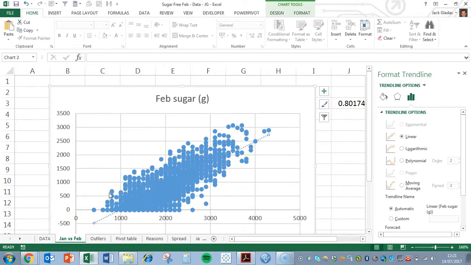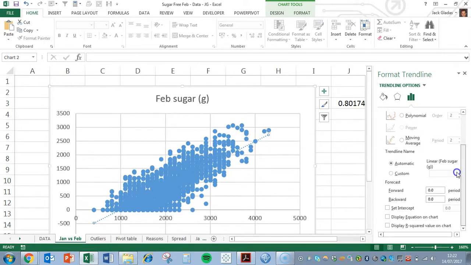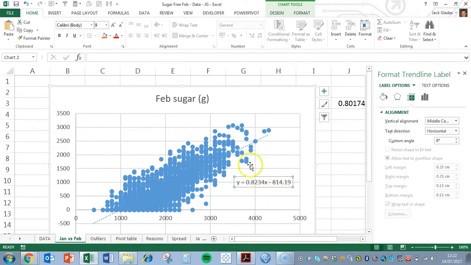Now, we can actually view the equation of this line in the y = mx + c form. If you don't see this menu, then just double-click on the line. If we scroll down and click Display Equation on Chart, we just move that equation so we can see it a bit more clearly. This gives us the average relationship between x, somebody's January sugar intake, and y, somebody's February sugar intake.